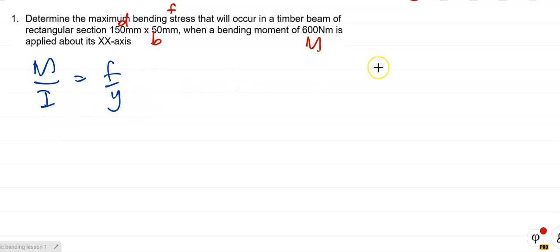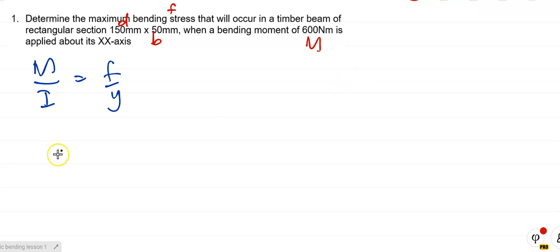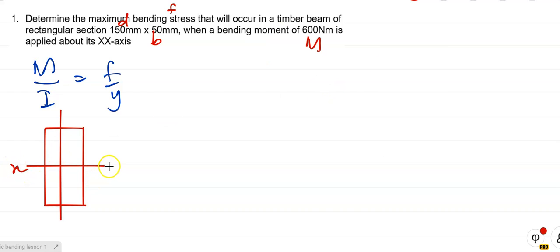The beam determined, let me draw that quickly. There's my x-axis, and there's my y-axis. That's x-x. Oh, sorry, B-B, naughty me.